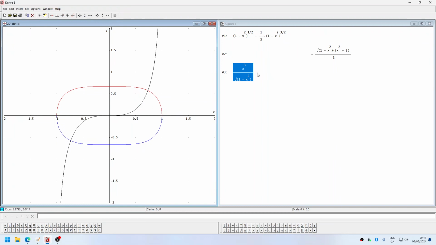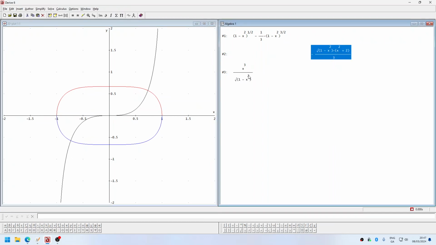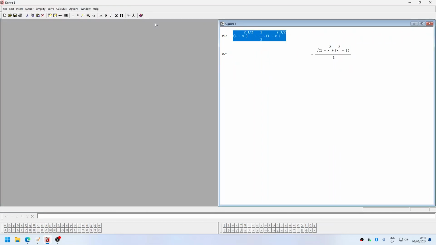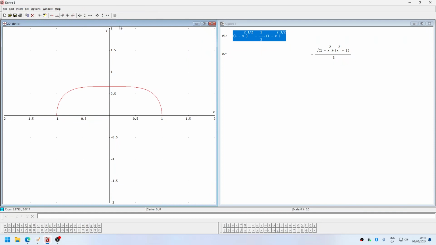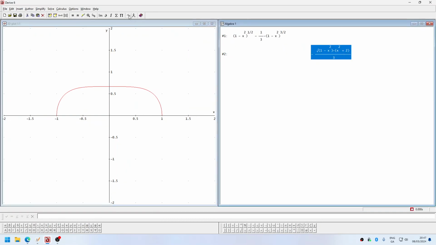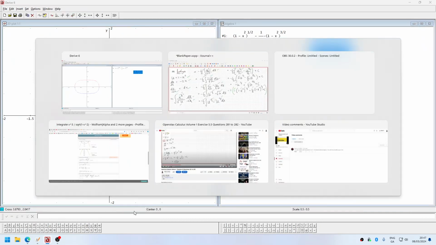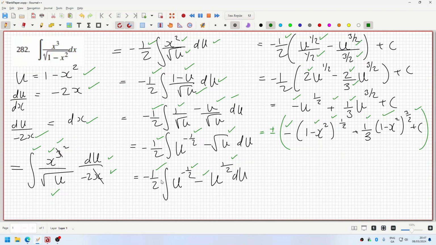Yeah, it's the blue one. So which is the blue one, the lower one? Yeah, okay. So it's a minus here. Because of the halves, I guess there's a plus minus question here. So we have to choose the minus because the original integration is like this.